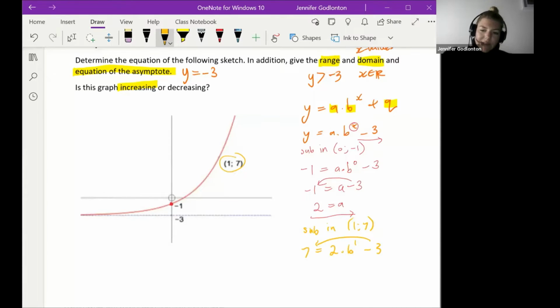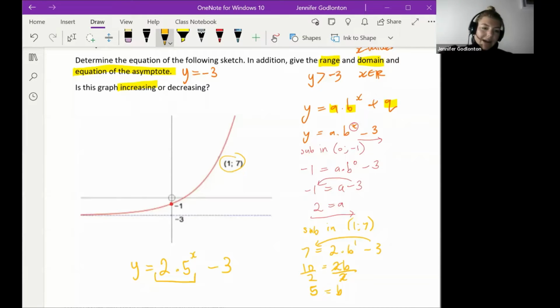I'm going to move that 3 over. So 7 plus 3 is 10, which is equal to 2b. Divide both sides by 2, which means b is equal to 5. And so our end answer is y is equal to 2 times 5 to the power of x minus 3.